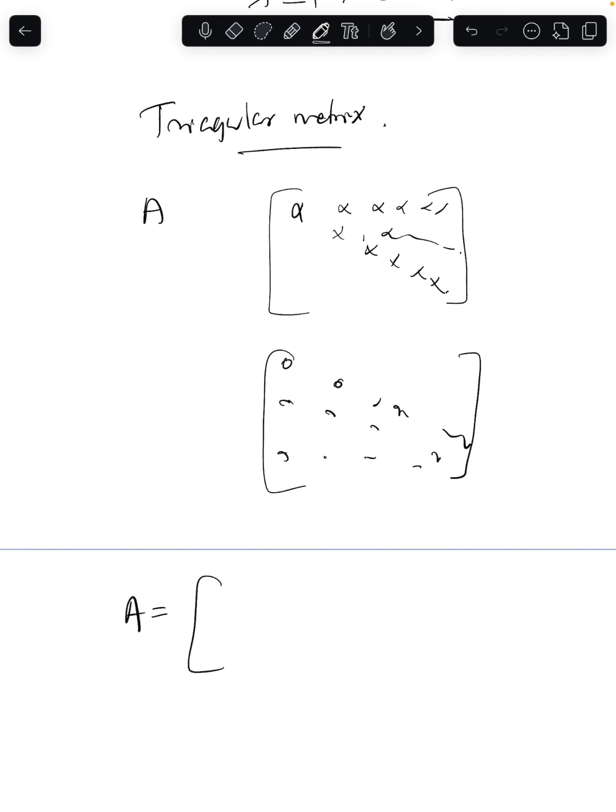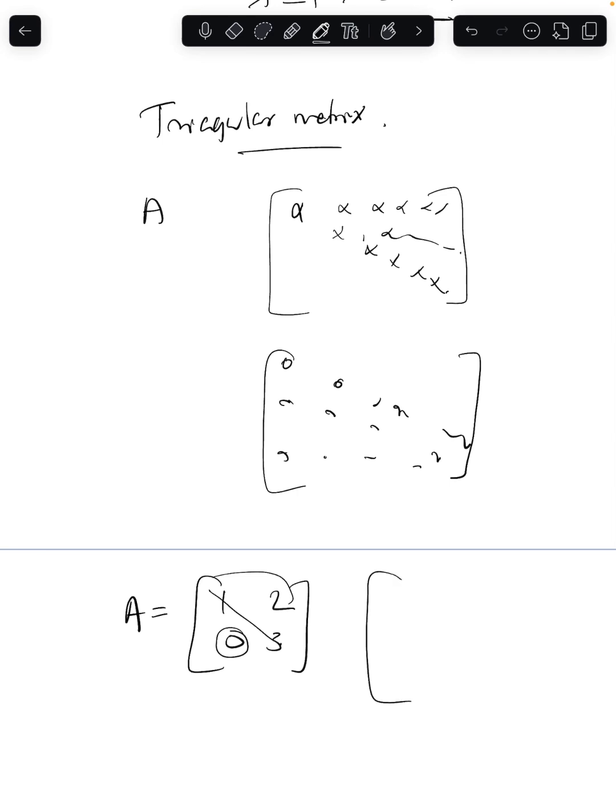For example, A equal to 1, 2, 0, 3 is a triangular matrix since non-zero elements are only in the diagonal entries or the upper side of the diagonal entries.